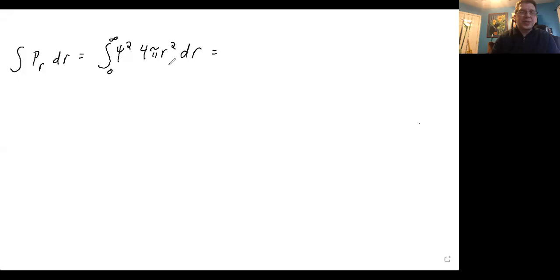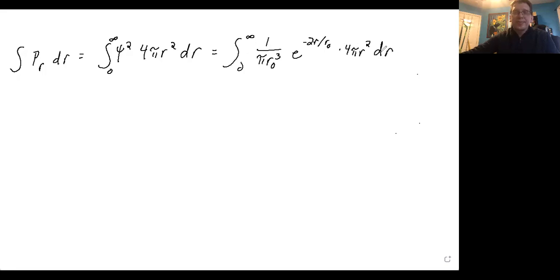And so that's equal to, you have to square the wave function, and so that gives you 1 over pi r naught cubed, and e to the negative 2r over r naught, and that's times 4 pi r squared dr. And so we want to prove that this integral equals 1.